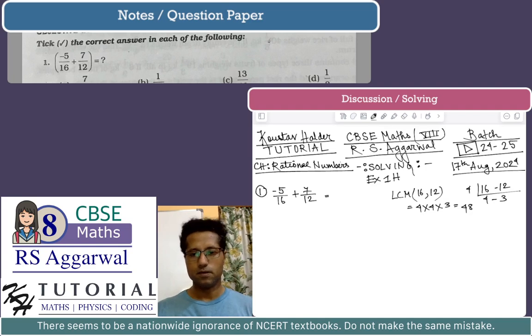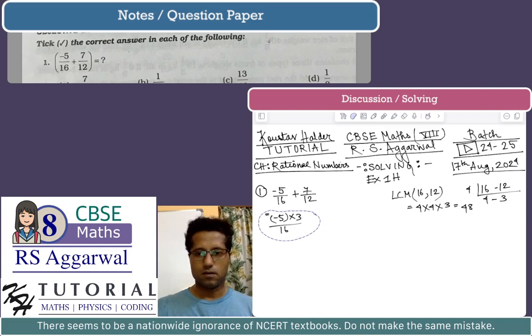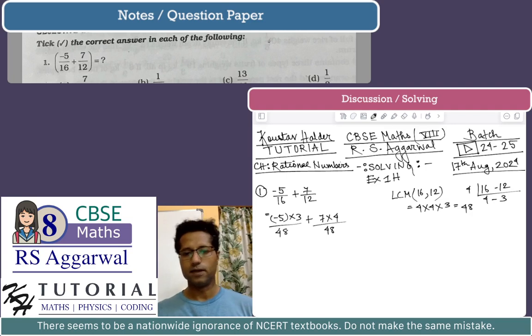So this will become minus 5 multiplied by 3 by 48, plus 7 into 4 by 48, and this will not be 16 but 48, since the common denominator will be the LCM, which is 48.